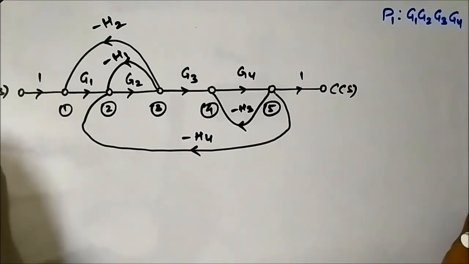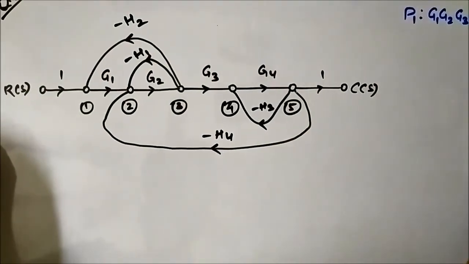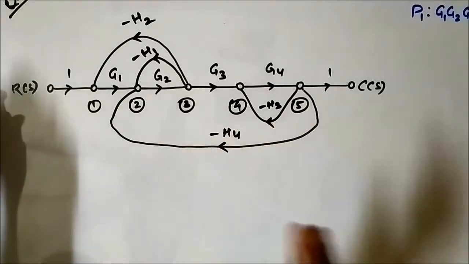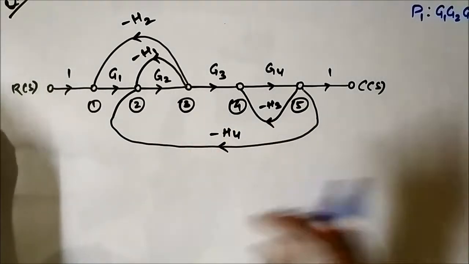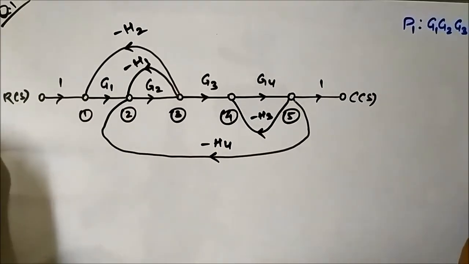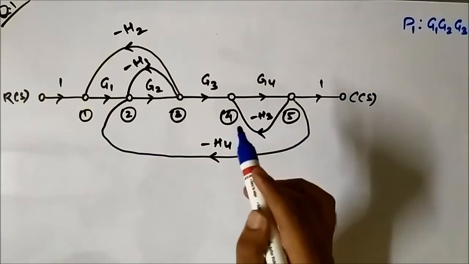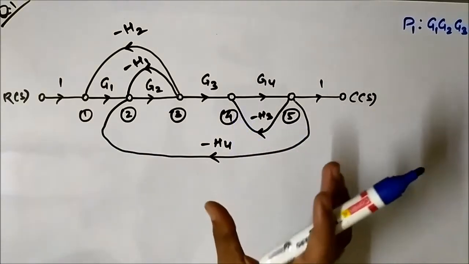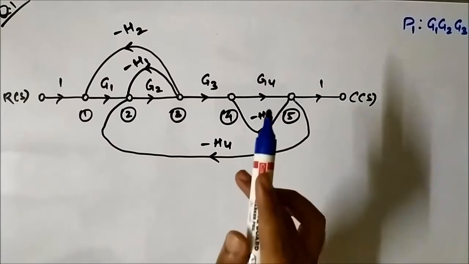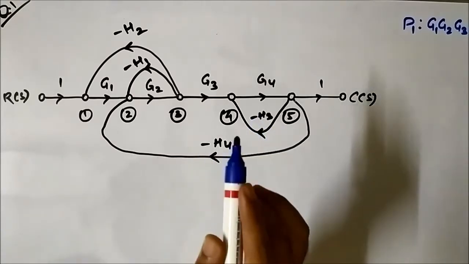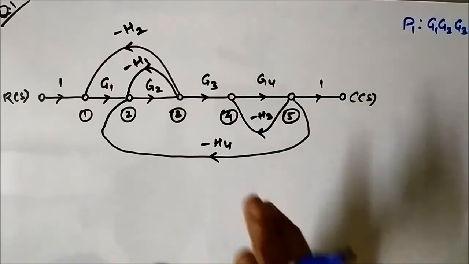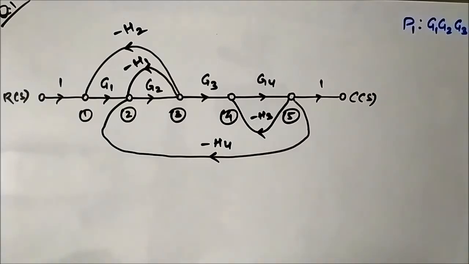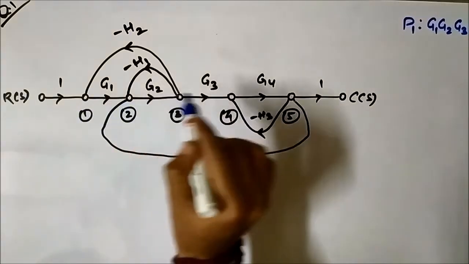Now we have to come to the loops. The definition of a loop says that it is a closed path which starts and ends at the same node, with no node repeated. I already told you the trick to find a loop. Look at the nodes.